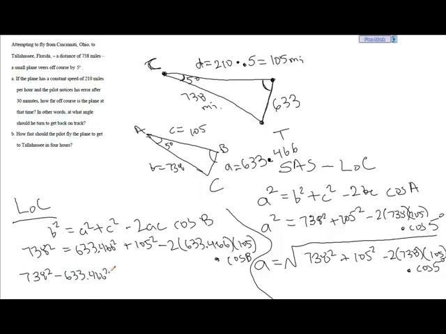I'm going to subtract the 633.466 squared from both sides, subtract the 105 squared from both sides, and I'm going to divide. So right now what I have left on the right hand side is just negative 2 times this junk times cosine of B, so I'm going to end up having to divide by this. If you need a couple extra steps, you're of course welcome to show more work than this, but I think it's convenient to do it all in one step so you don't have to write it down so many times.